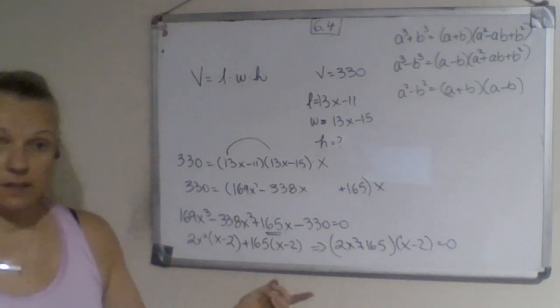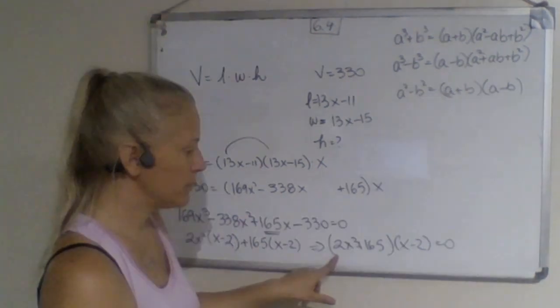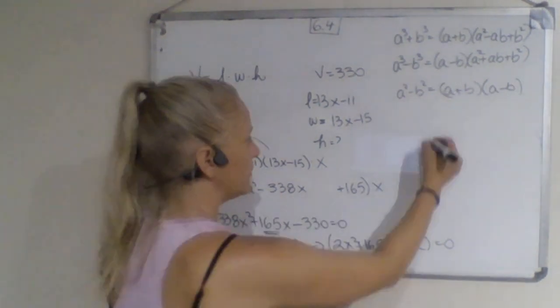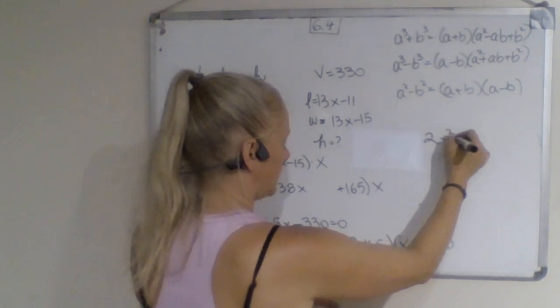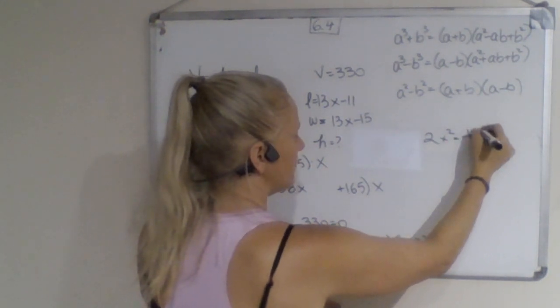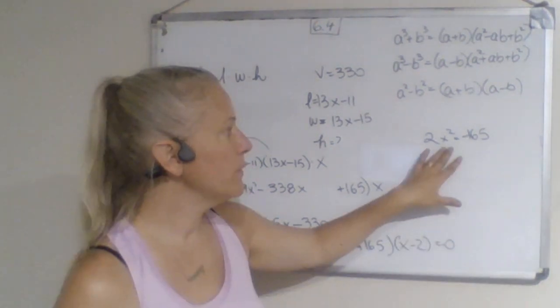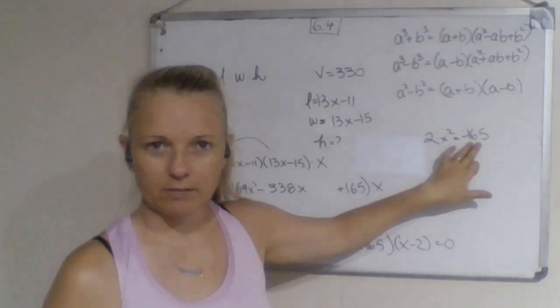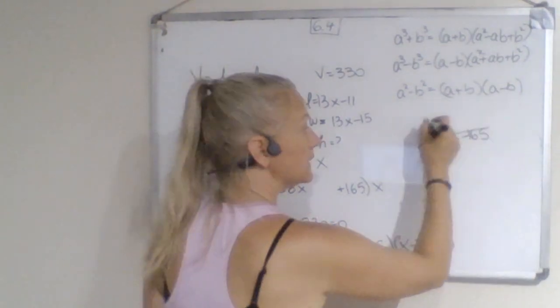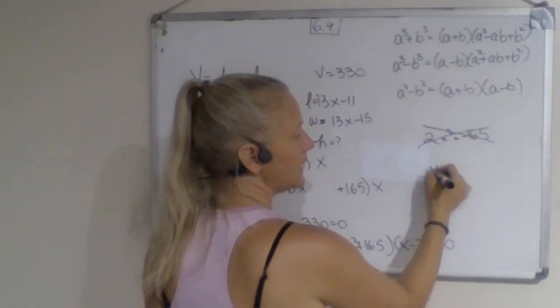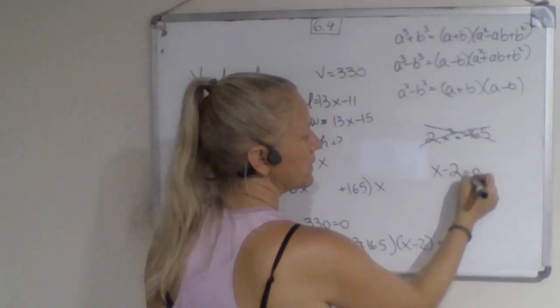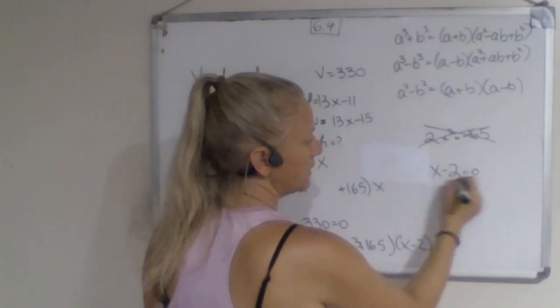I like this solution. Why? Because the first factor is not going to be possible in real life. You're going to end up with 169x squared equals negative 165, and you stop here. In real life problems, no number raised to the second power will be negative. So this cannot exist. My only option is x minus 2 equals 0, which makes x equal 2.